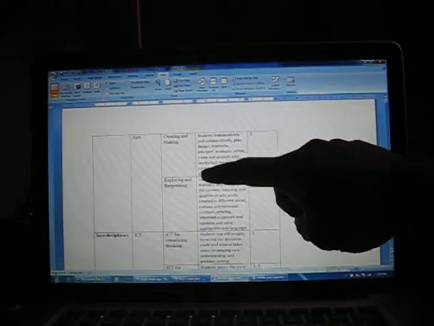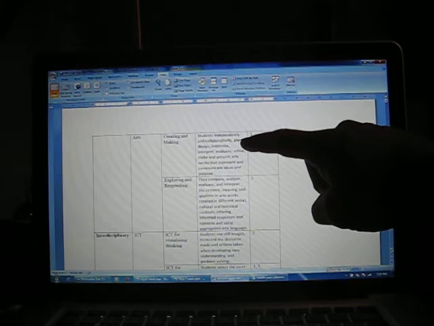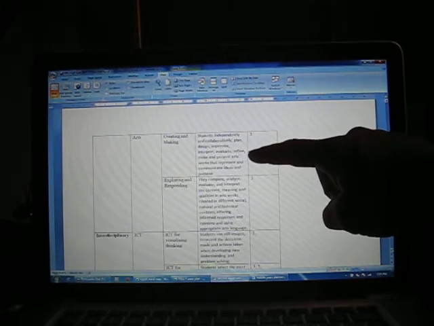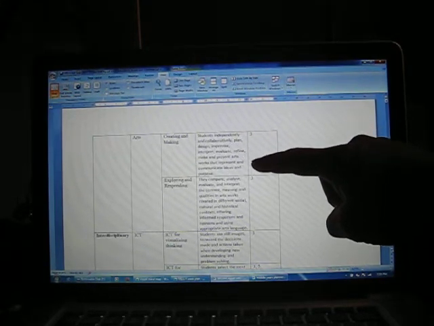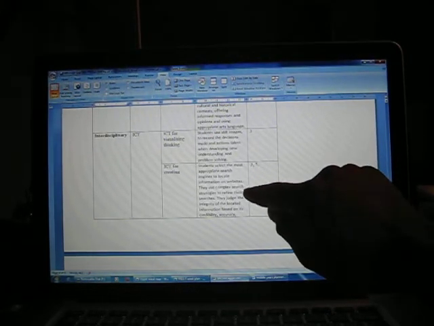In the arts, they're going to plan, design, improvise, interpret and make present artworks to represent and communicate ideas. That falls in lesson 3 for the arts. ICT is also in lessons 3 and 5, so they'll be creating some work in ICT.